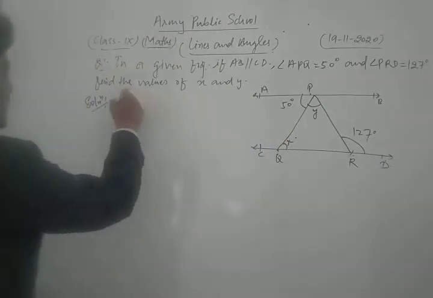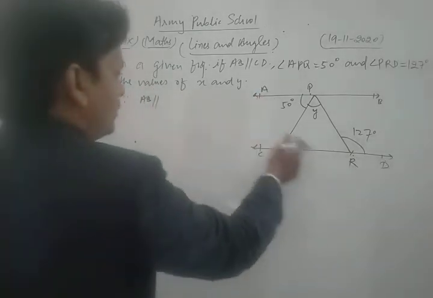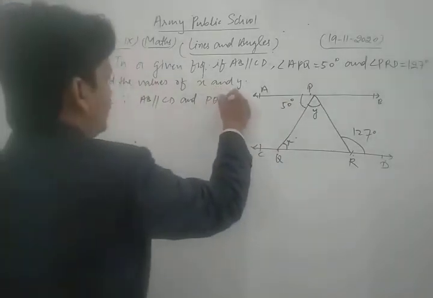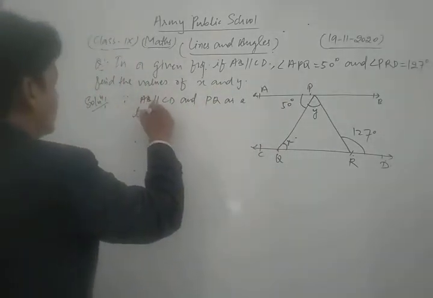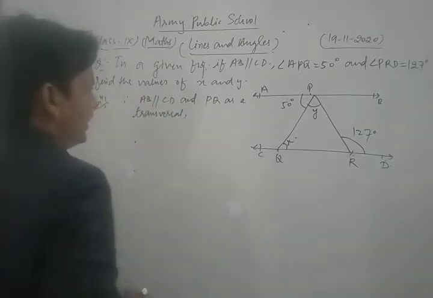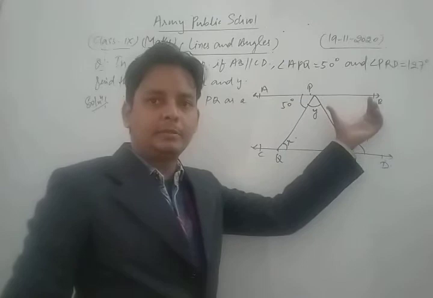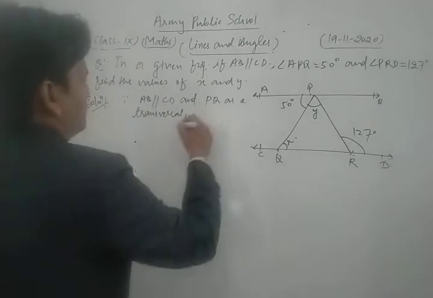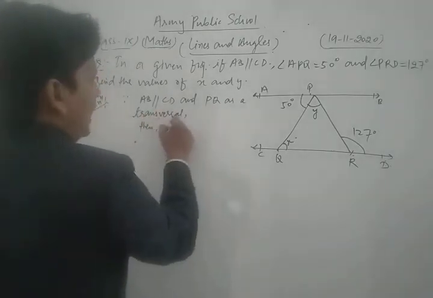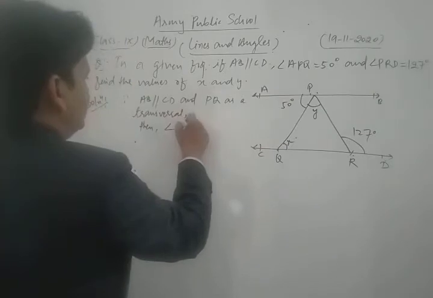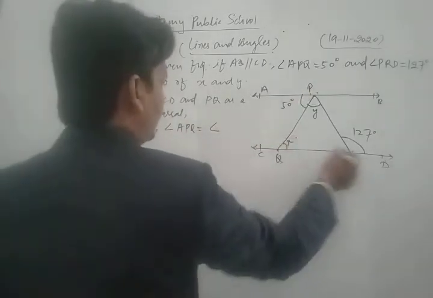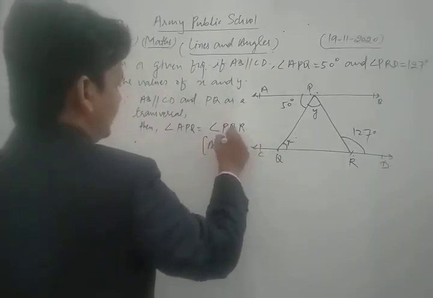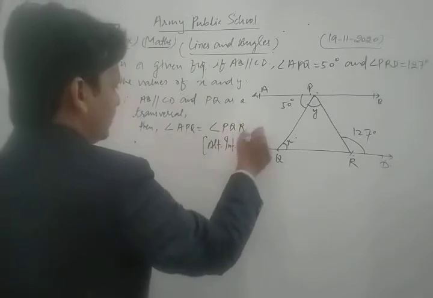First of all, since AB is parallel to CD and PQ is a transversal, angle APQ is equal to angle PQR, because these are alternate interior angles.